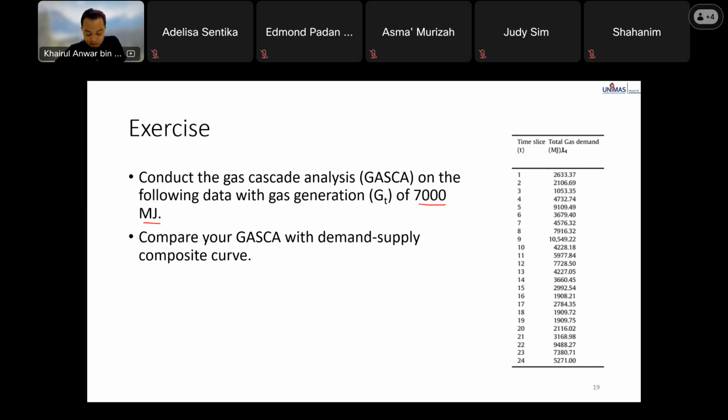Then the cumulative energy is QT equal to QT minus 1 plus CT plus DT. So you do the cascading. Once you finish cascading, then you need to create a new cumulative energy.